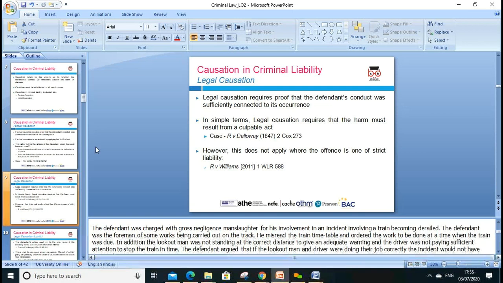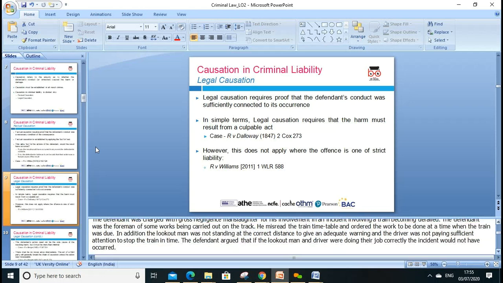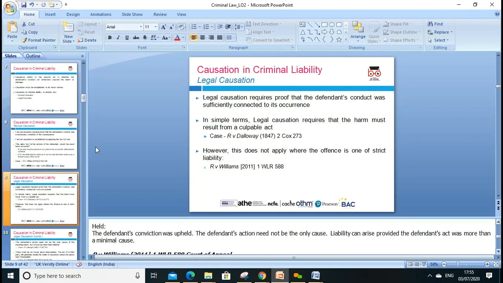The defendant argued that if the lookout man and the driver were doing their job correctly, the incident would not have occurred. Held: the defendant's conviction was upheld, and the defendant's action need only have been a cause. Liability can be raised provided the defendant's act was more than a minimal cause.